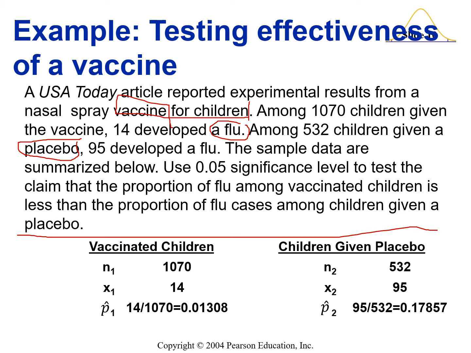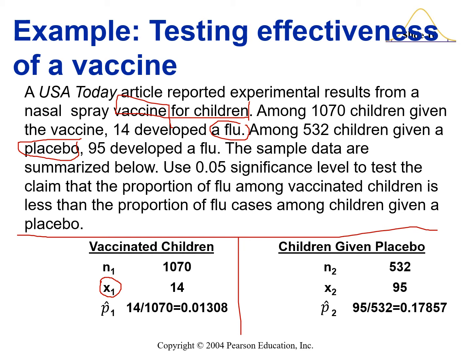For the first population, vaccinated children, N1, which is the sample size taken from the first population, is 1,070. X1 is the number of successes, so successes here represent the number of children who developed flu. It is 14. P hat 1 is X1 divided by N1, so it is 0.01308.